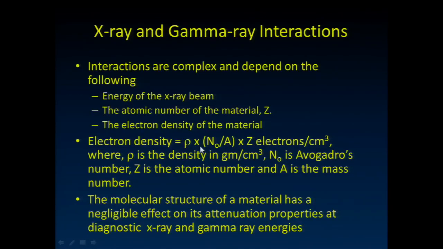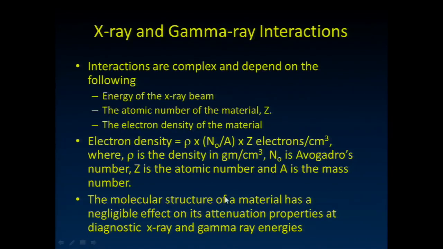You've canceled out the grams there. And then if I multiply by Z, well, that's the number of protons, but it's also the number of electrons in the neutral atom. So I have the number of electrons times the number of atoms per cubic centimeter. So this is the density of the electrons.